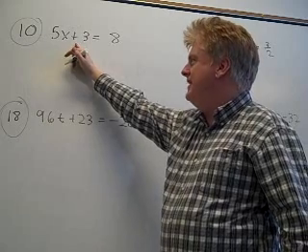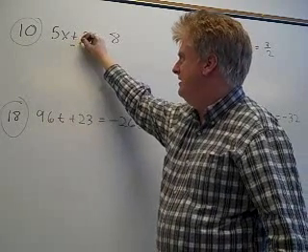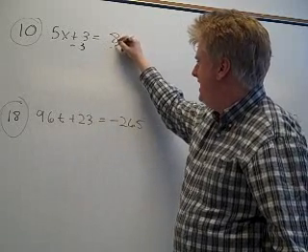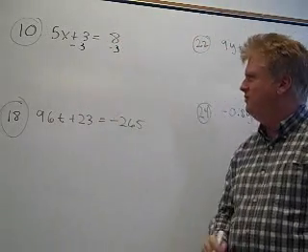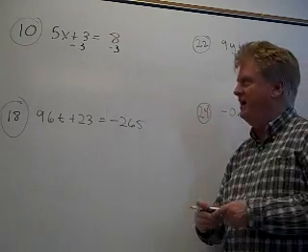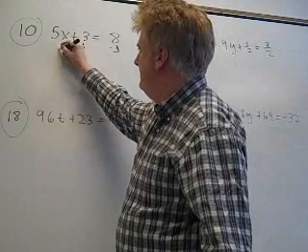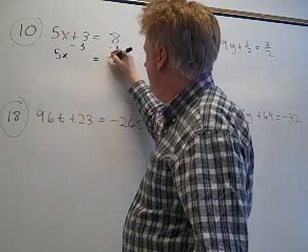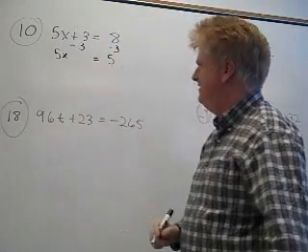So we undo that by subtraction. Except if we subtract 3 from one side of the equal sign, we have to subtract 3 from the other side of the equal sign. And so that leaves us here with 5x on this side of the equal sign and 5 on this side of the equal sign.